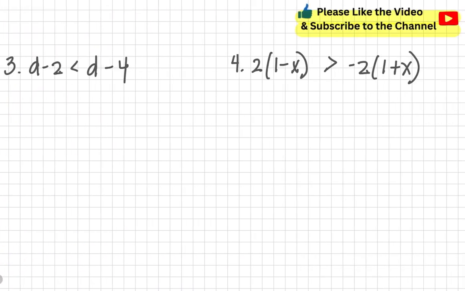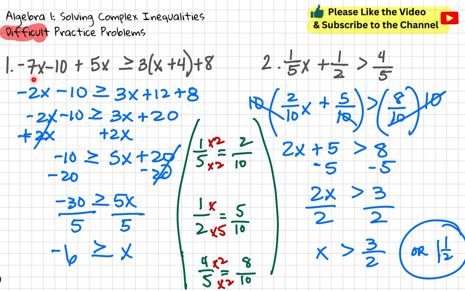Okay, for this problem, we have d minus 2 is greater than d minus 4. Now, trick, and I want you guys to train your eyes. Look at the variable. It's d and d. Remember, in the lecture video, when I was going over the concept, whenever you have the variable on both sides being the same, you can kind of skip doing a lot of the work, as opposed to these two where they weren't the same.